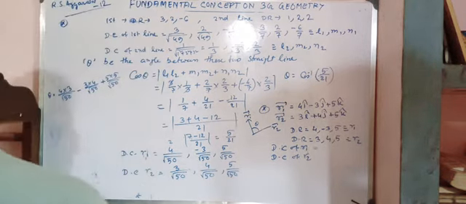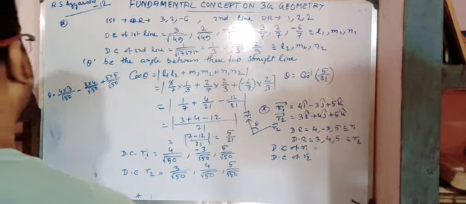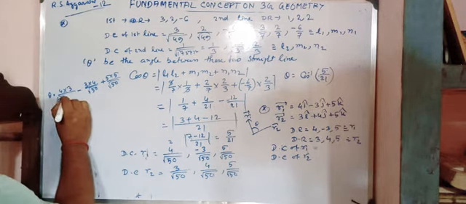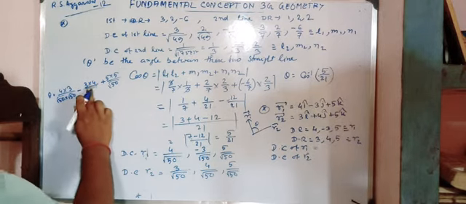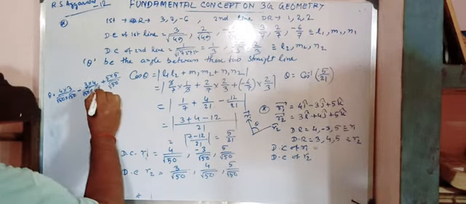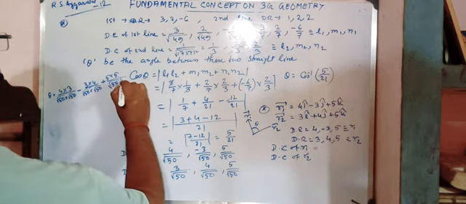Sorry, this is not only root 50; the denominator is root 50 into root 50, which is 50.